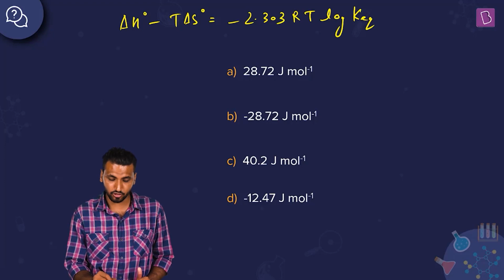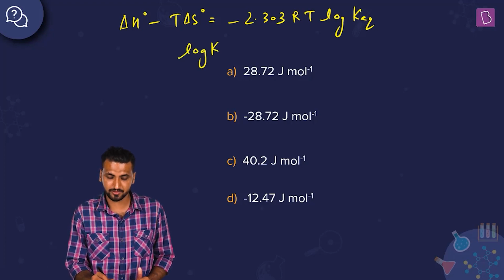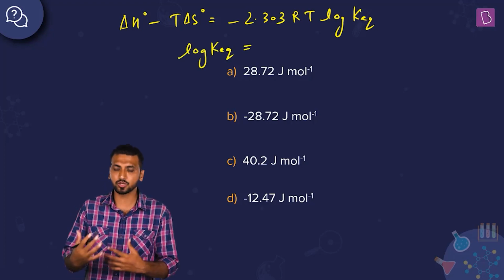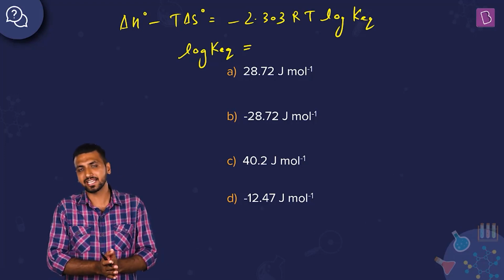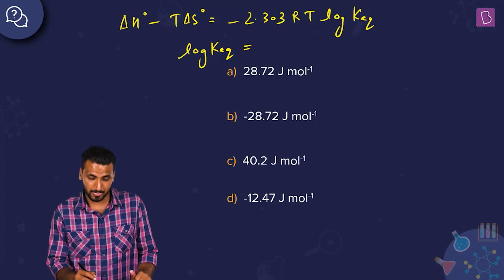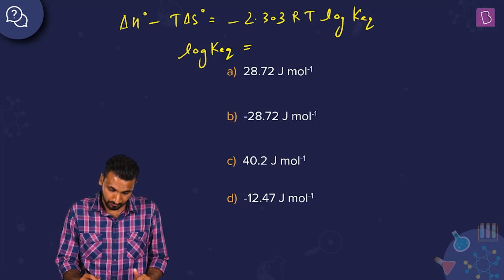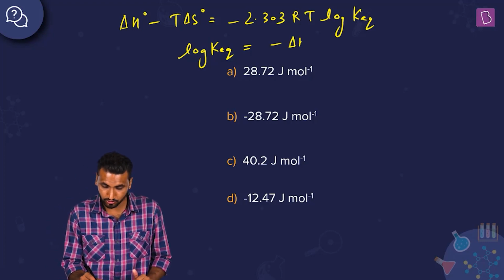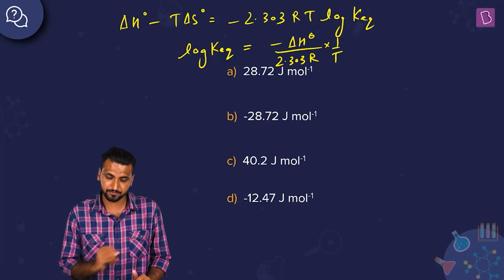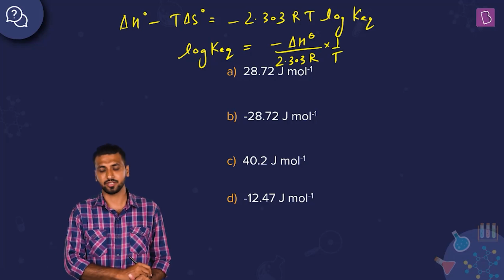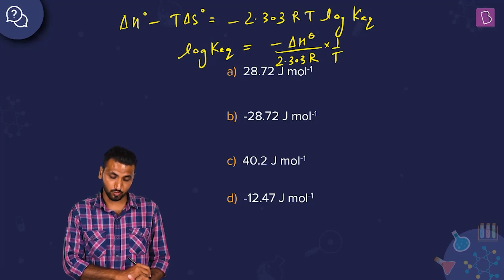So let me take log K equilibrium on one side. I'm going to convert this equation into a linear equation with y as log K equilibrium and x as 1 by t. So log K equilibrium is equal to minus delta H naught upon 2.303 R into 1 by t, and what else?